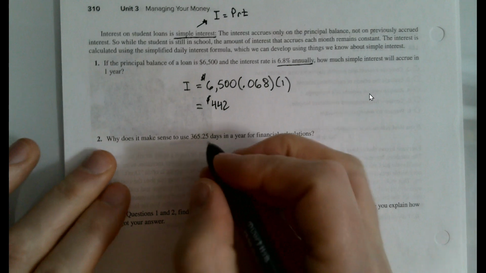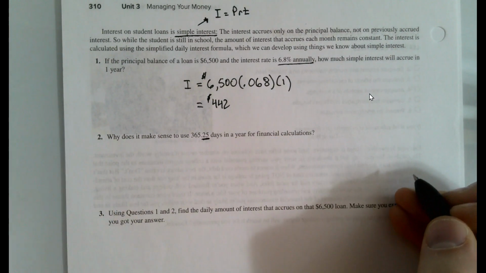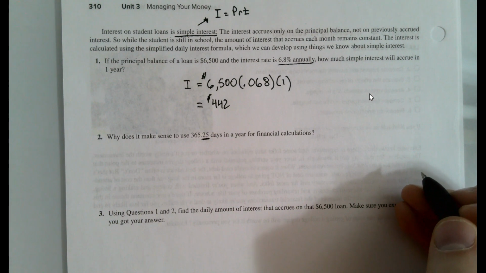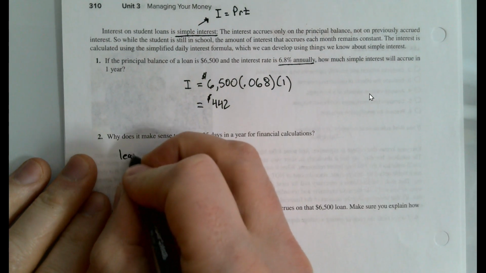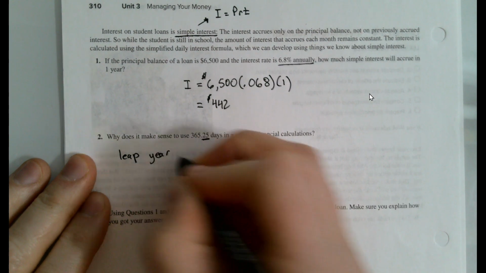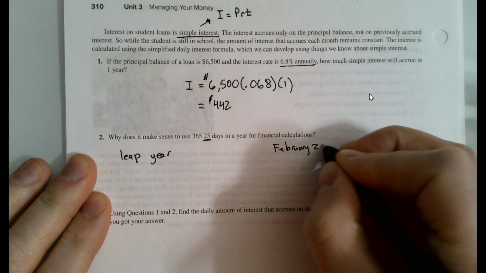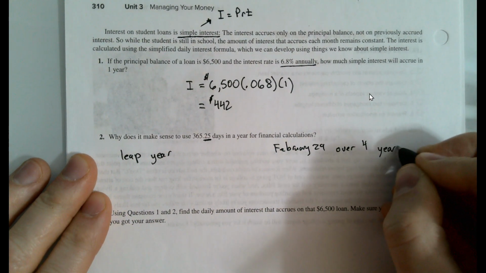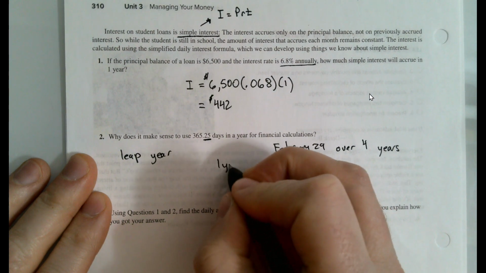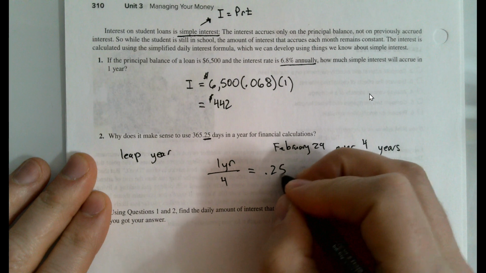Well, often financial institutions use 365.25 for financial calculations in terms of the number of days in a year. That's because of a leap year, which happened this year. In other words, February 29, which occurs every 4 years, right? And if you take 1 year and divide it by 4, you get 0.25.